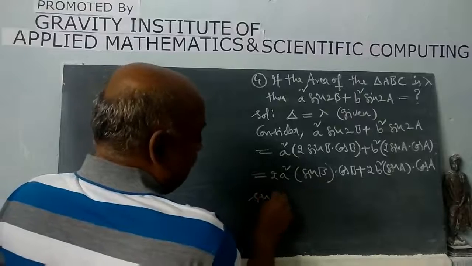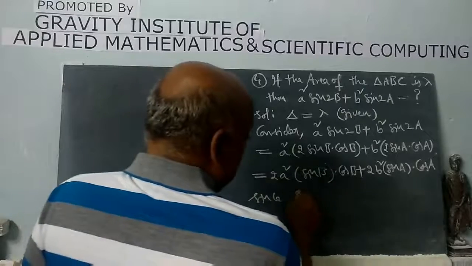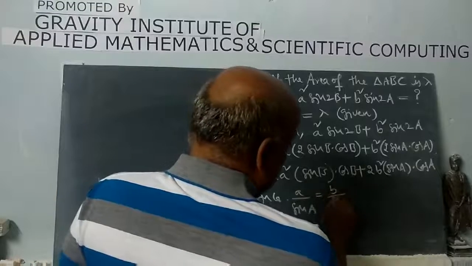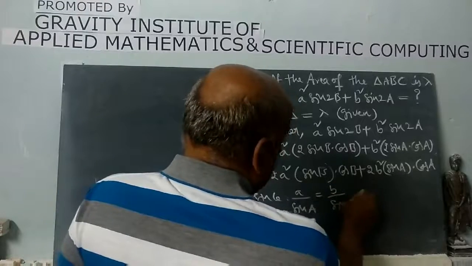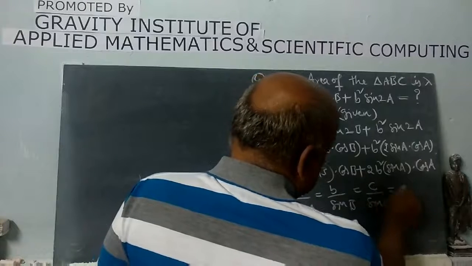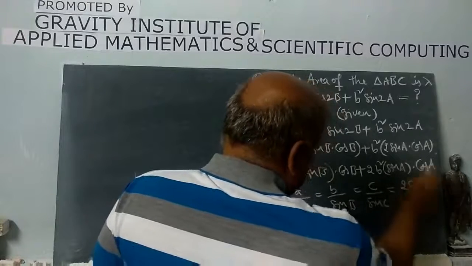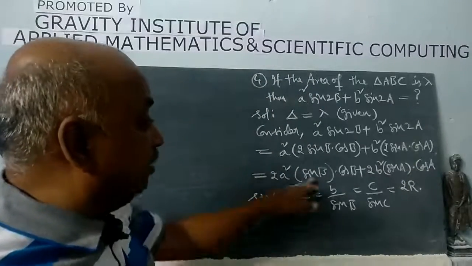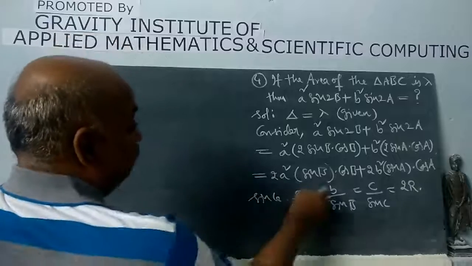Since by the sine rule, a by sin A is equal to b by sin B is equal to c by sin C is equal to 2R, from this rule sin B is equal to b by 2R, and sin A is a by 2R.